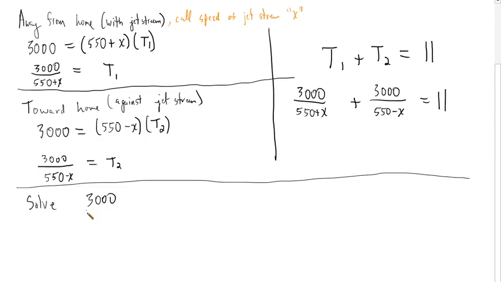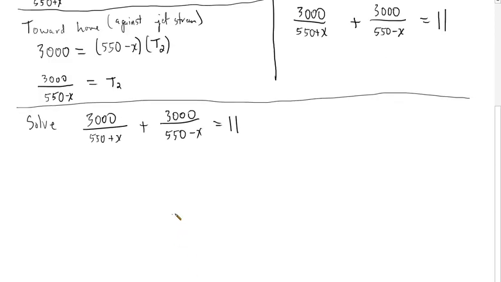3,000 over 550 plus x plus 3,000 over 550 minus x equals 11. All right, first thing I'm going to do is clear the fractions.